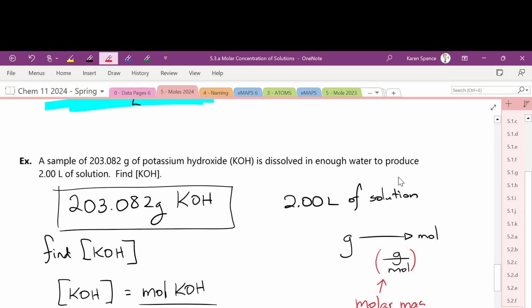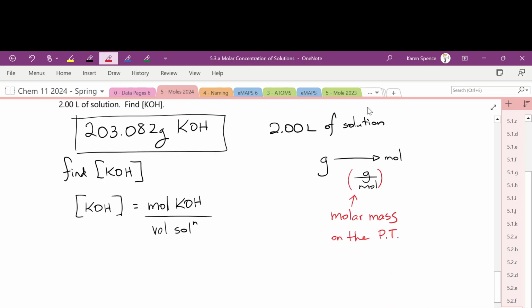And where do we find the molar mass? Periodic table. On the periodic table. So you're going to have to start this problem by finding the molar mass of KOH. Do you guys think you can do that? Give it a try.